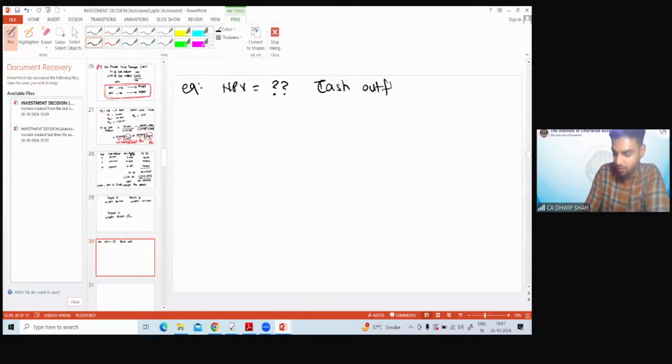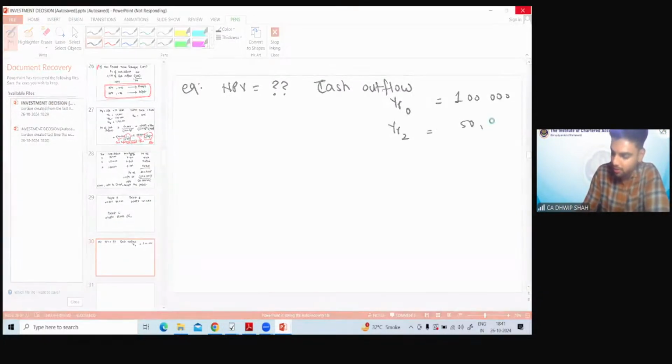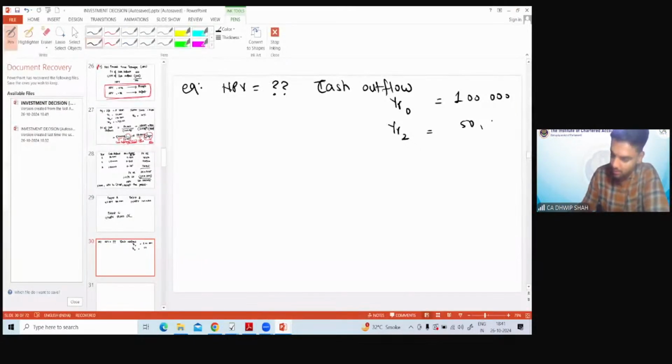Cash outflow in year zero, which means today's point, is 1 lakh, and we need to make an additional investment at the end of year two of 50,000.